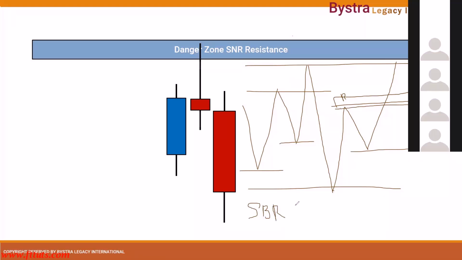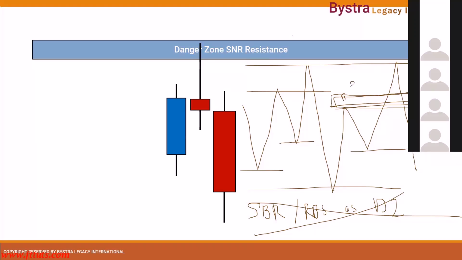But instead, if price comes back here and broke, we can take this as our future resistance level. Why? Because of the QM level, our left shoulder. So one of these.